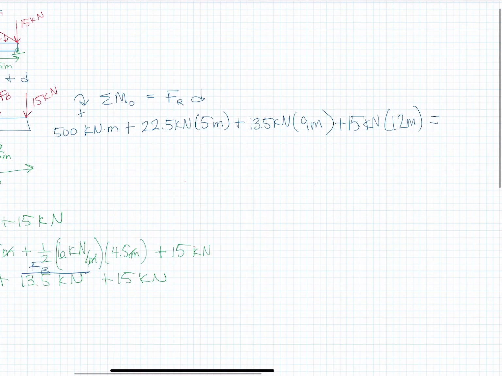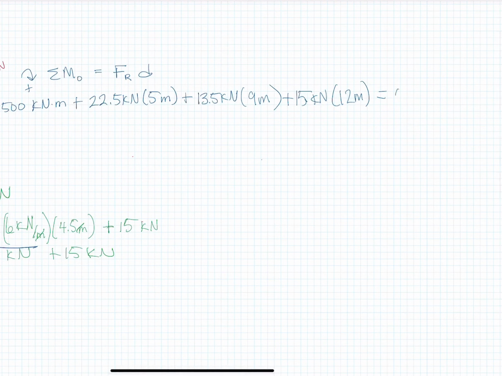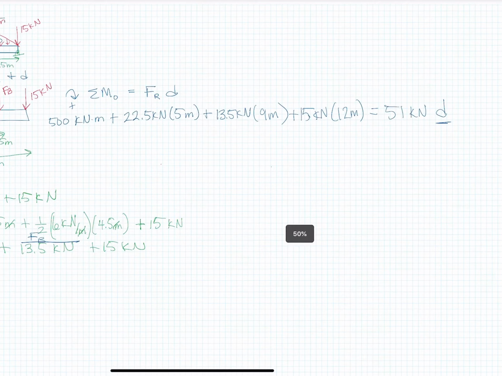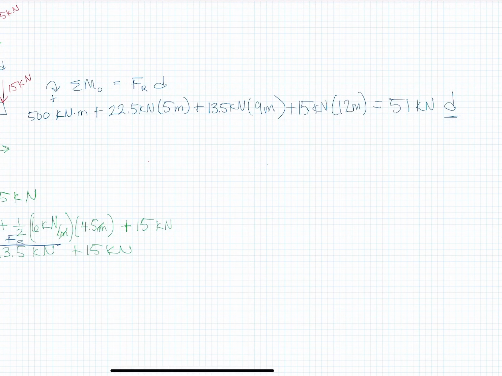And that's going to equal that resultant force, which was 51 kilonewtons, times that distance. And that distance is what we're interested in finding. So now we just need to add everything up and divide it by the 51 kilonewtons to get our distance. So I'm going to do that on the calculator. So I get the distance equals 17.9 meters.